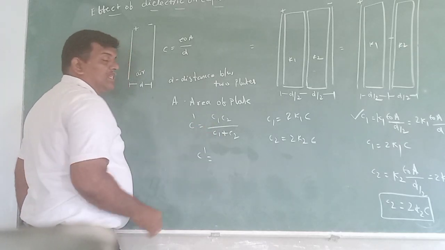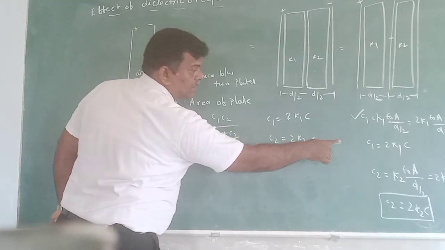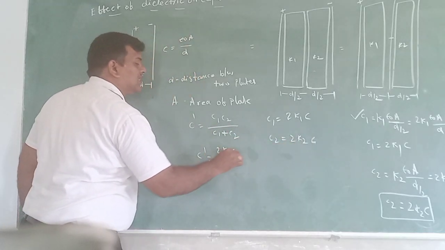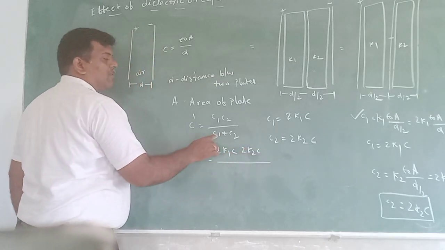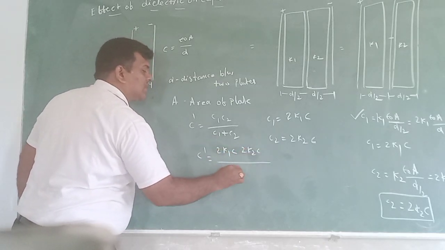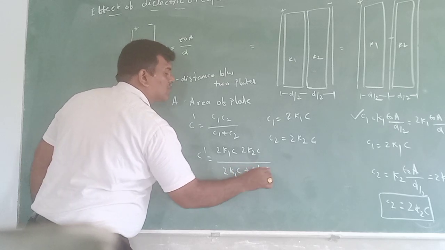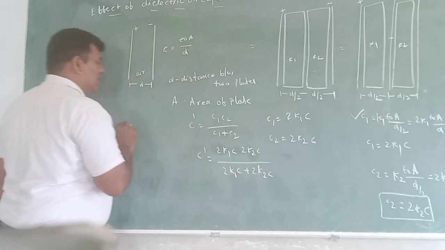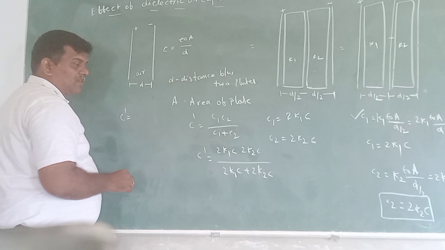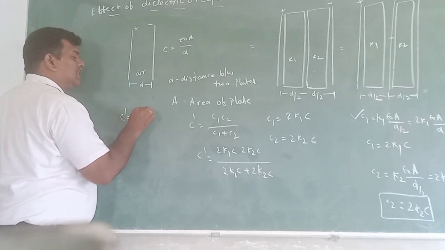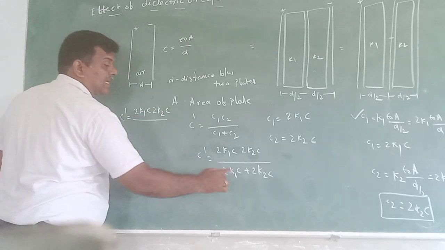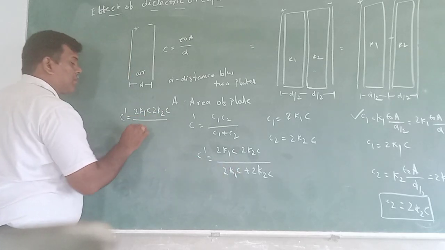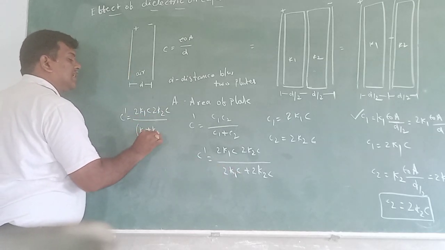So C1 is 2K1 into C, and C2 is 2K2 into C, divided by C1 plus C2, which is 2K1 into C plus 2K2 into C. So finally the effective capacity C dash is equal to 2K1 C into 2K2 C divided by, taking common, K1 plus K2 into 2C. The 2C in the denominator and numerator cancels, so finally 2K1 K2 into C divided by K1 plus K2.